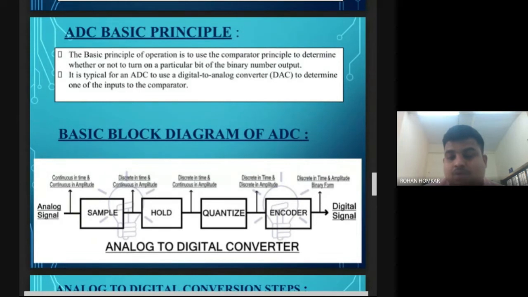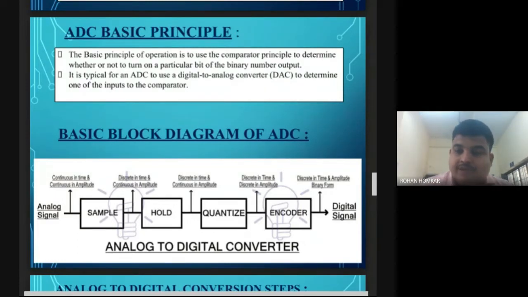It is then holding the signal, and it remains discrete in time and continuous in amplitude. Now in quantize, what happens is that the sequence is separated, and it is now converted to discrete in time as well as discrete in amplitude, and then we need to encode that, otherwise there will be noise and so much unfiltered, or you can say raw data, or raw signal, from our overall system without an encoder.